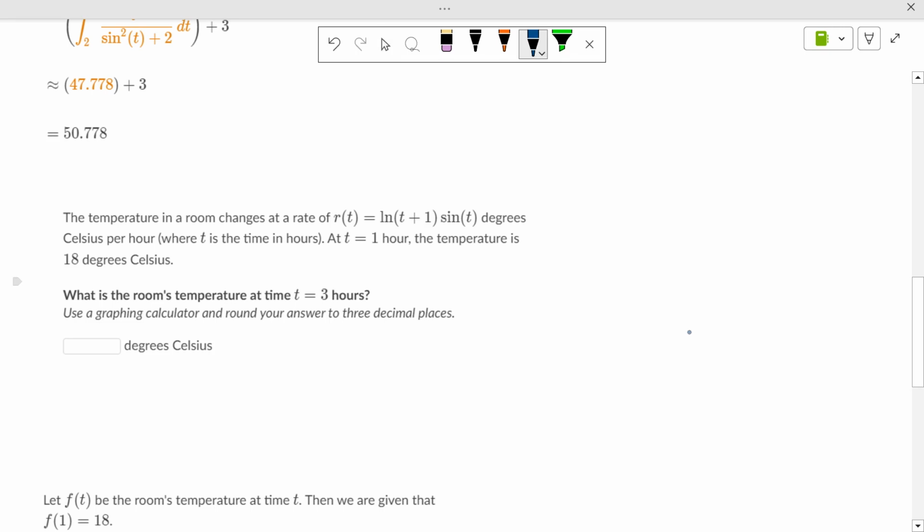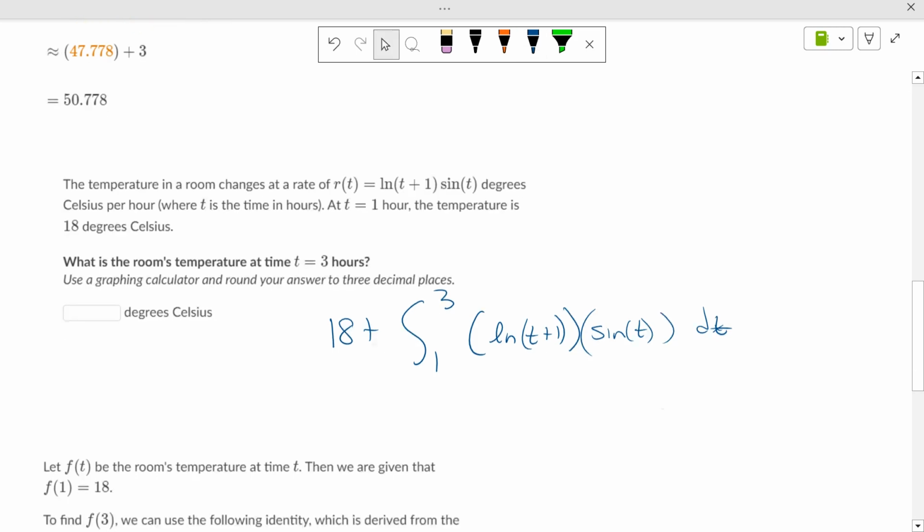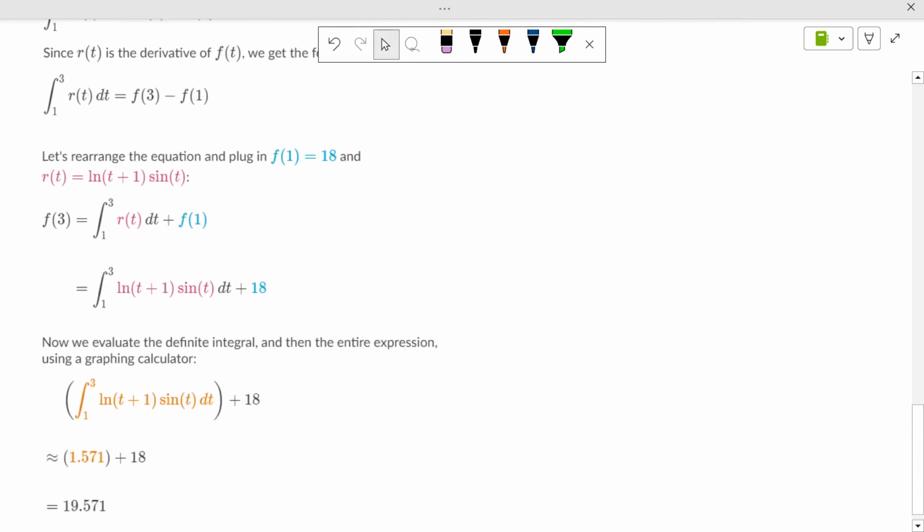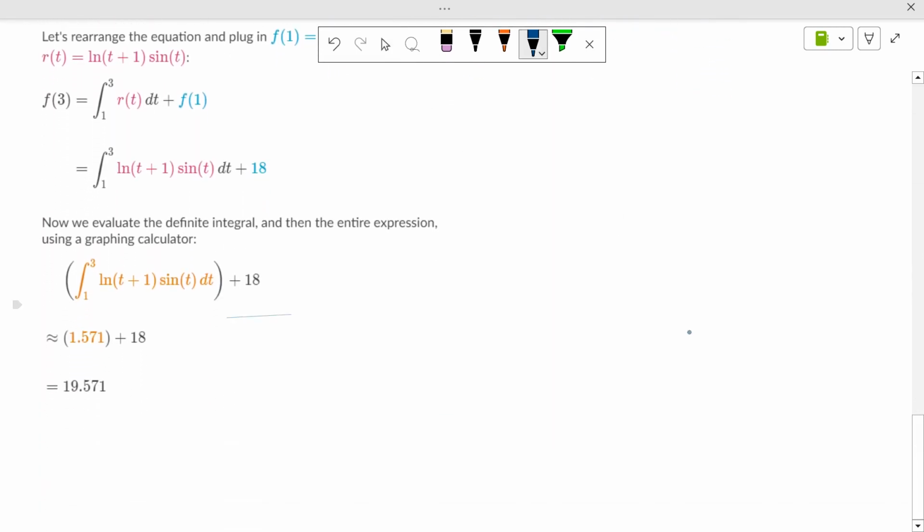Well, where do we start at? 18 plus the integral from 1 to 3 of all this, the ln of t plus 1, parentheses, sine of t dt. And then you just change the t's to x's. And yep, that's what we did here. Same exact thing. Okay, so you'll have some calculator activities there.